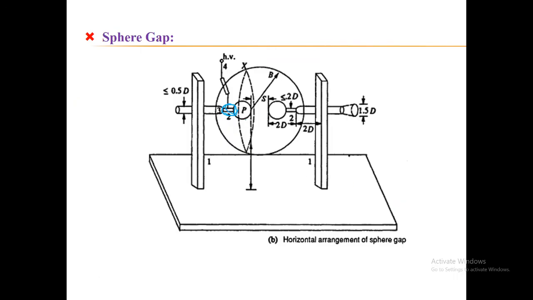So here you can see, to provide the clearance between the ground and this point, it needs a higher height of the insulating support. So eventually it will add to the cost. So if we are considering the mechanical consideration, then the horizontal sphere gap assemblies are not appropriate to use when our requirement is to measure very high voltage magnitudes.